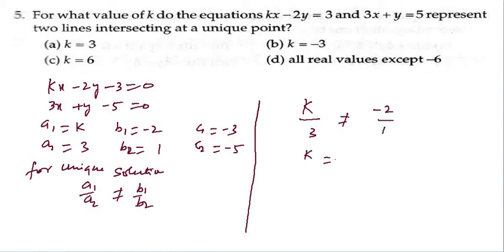So k will be not equal to minus 2 into 3. So k is not equal to minus 6. So you can say the D option will be correct, except minus 6. All the real values, सारी real values आ जाएंगी, लेकिन minus 6 नहीं होना चाहिए.